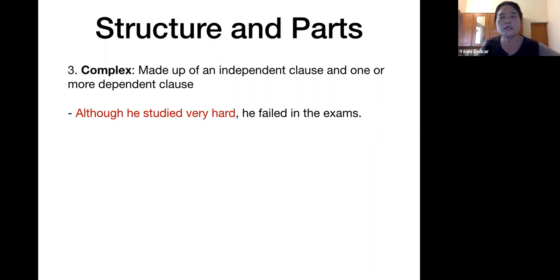But if you look at the second clause, he failed in the exams, that's independent. But if you look at the first clause in red, although he studied very hard, that is not complete. The meaning is not complete.